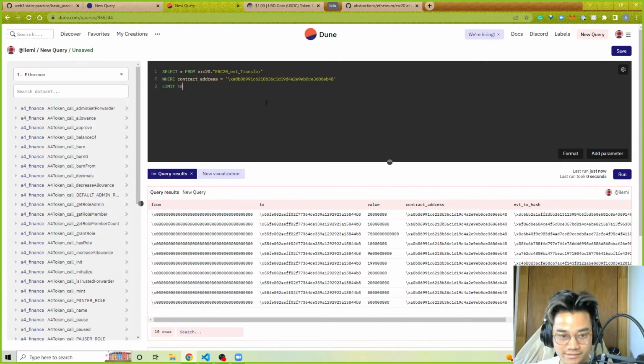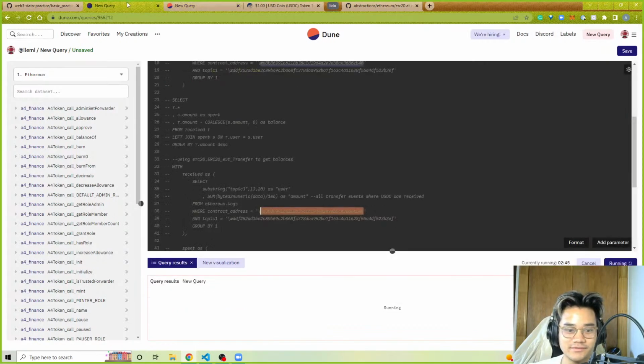All right, so you can see that in this table, it's nicely decoded: from, to, value already. And it's in the same kind of schema format as all the other auto-generated tables, right? So this exists for ERC721 as well.